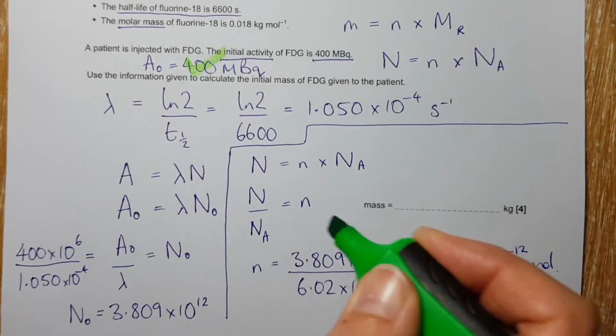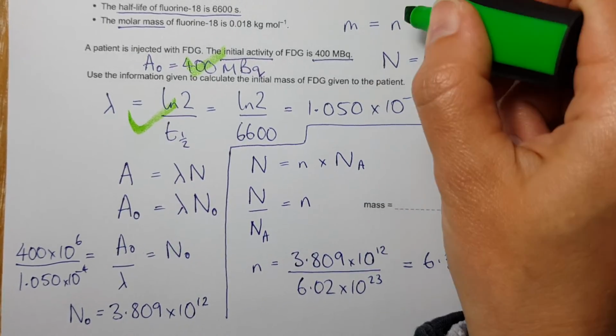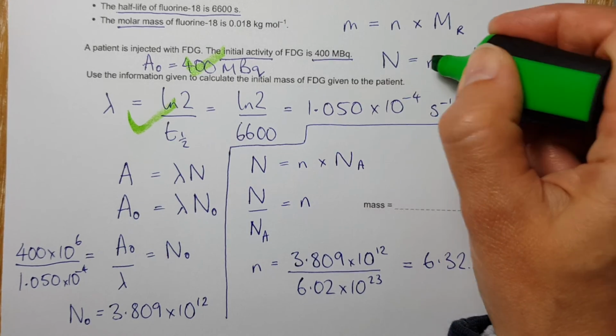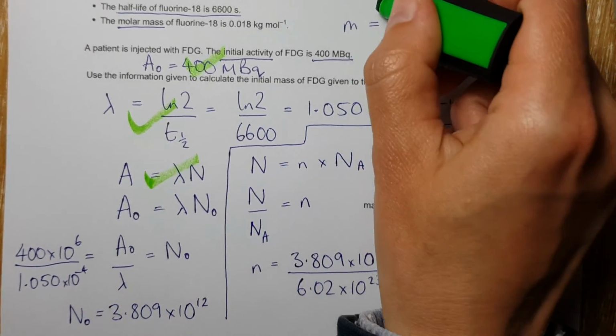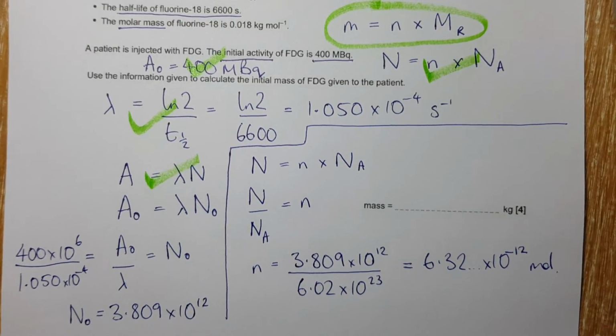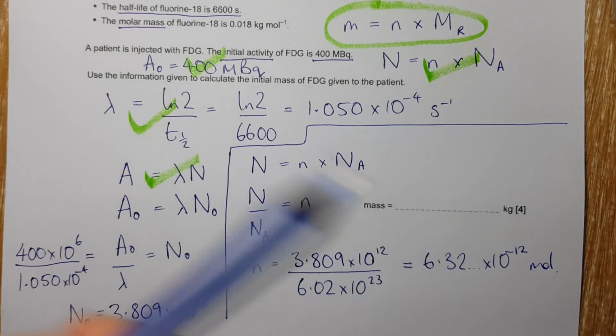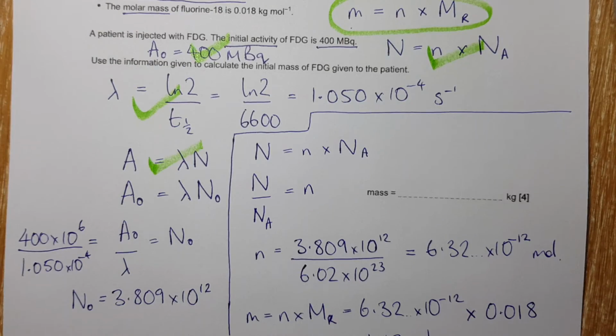So we've used that, we've used this formula, we've used the half-life, we've used the Avogadro's constant formula, and we've used this formula here. Okay, so what we haven't used yet is this one. So let's use that one now, and we can work out the mass of the fluorine 18.